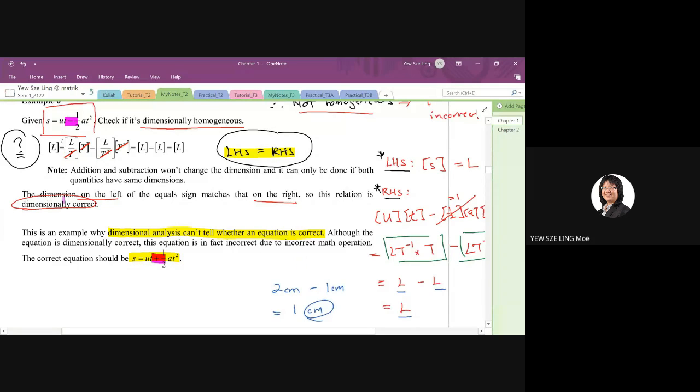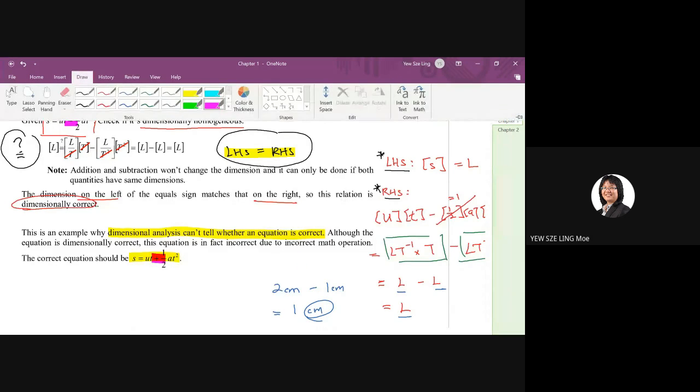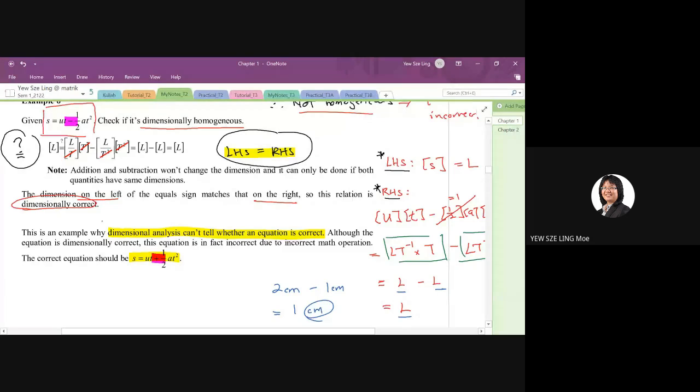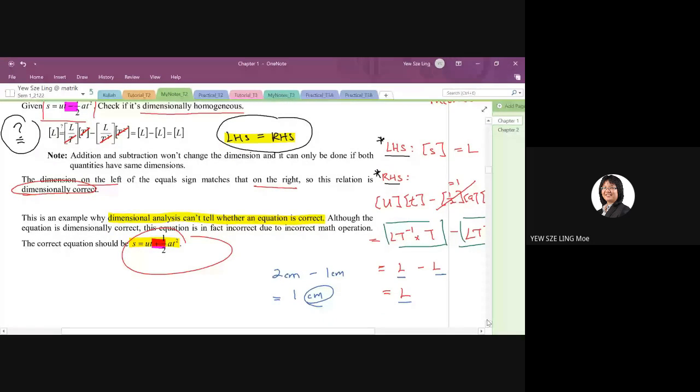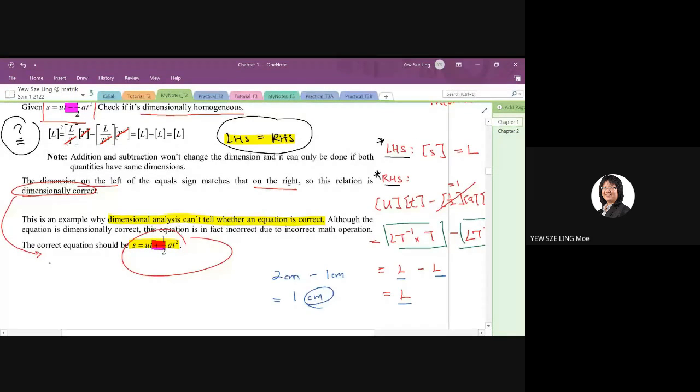So even though they are dimensionally correct, okay, but in terms of theory, in terms of our syllabus, they are wrong. Okay, this equation is actually incorrect. So dimensionally correct but incorrect equation. Okay, so the correct equation should be S equals to ut plus 1 over 2at squared. All right, so the reason why dimensional analysis cannot tell you whether it's correct or not, because first thing, you cannot check the sign.